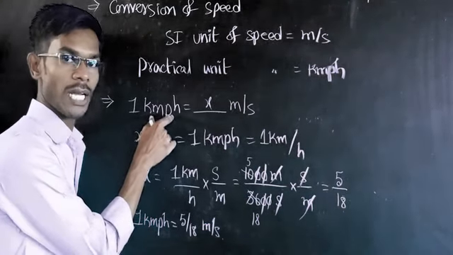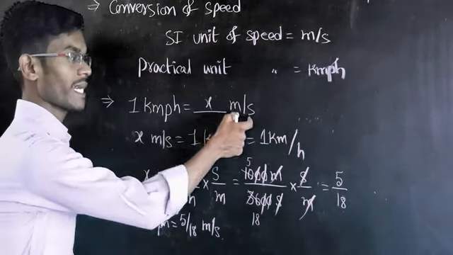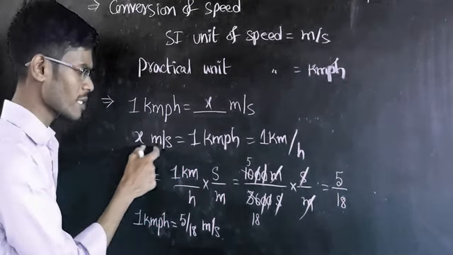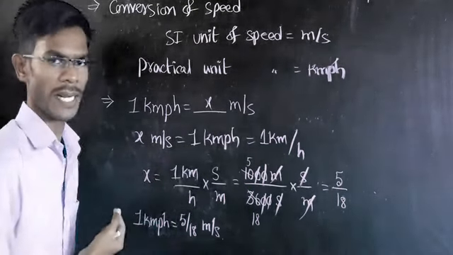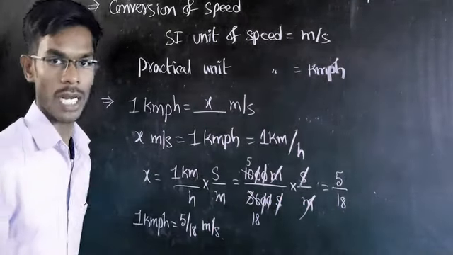So what we have done: 1 kilometer per hour we are converting into meter per second. Meter per second is the unknown quantity, and we have considered it as x. x meter per second is equal to 1 kilometer per hour, which means 1 kilometer by 1 hour.